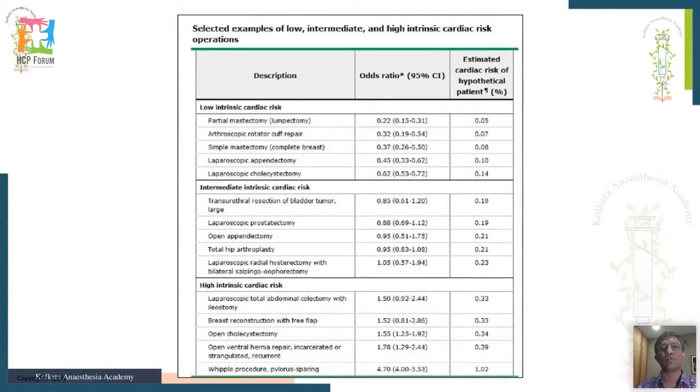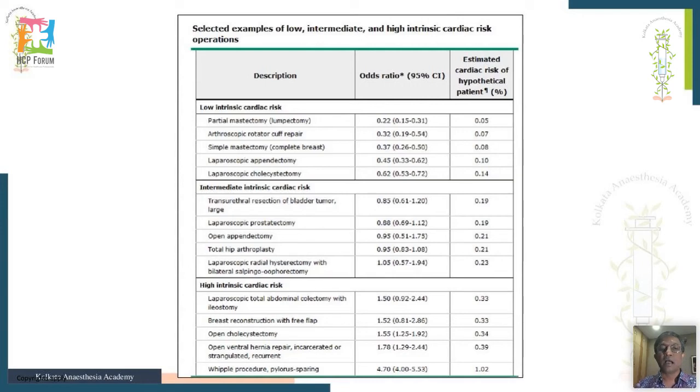It's a busy slide, but what they were trying to show is that things like partial mastectomy and arthroscopic rotator cuff repair had a much lower estimated cardiac risk than more invasive procedures like a pylorus-sparing Whipple's procedure, which has a much higher risk, with an odds ratio of 4.7.